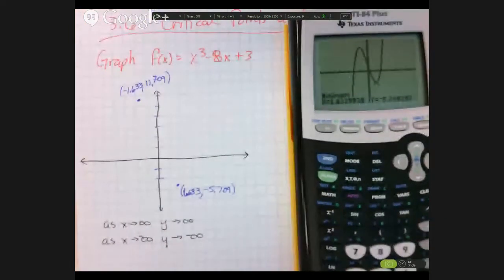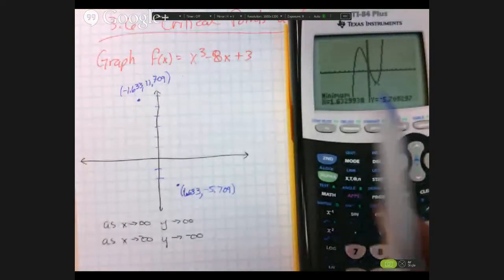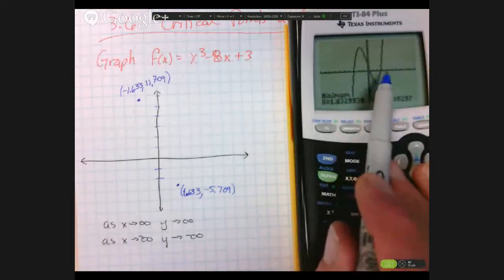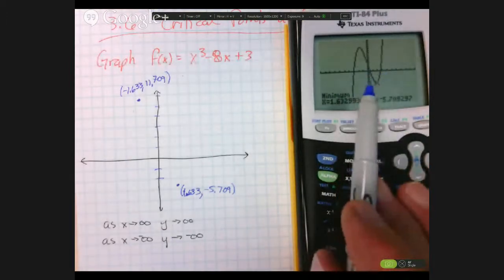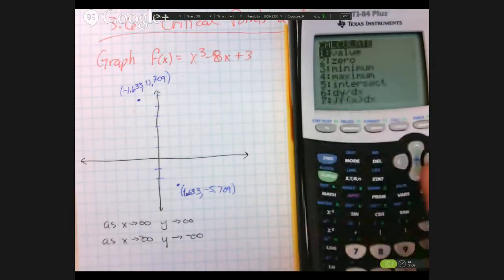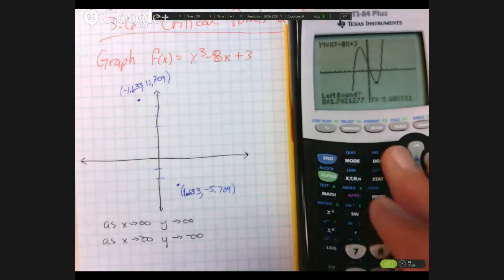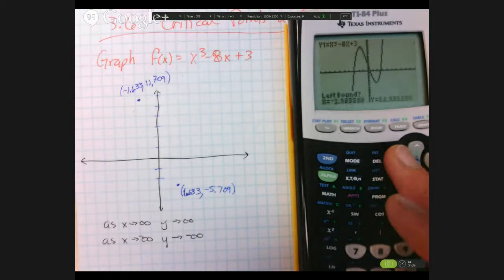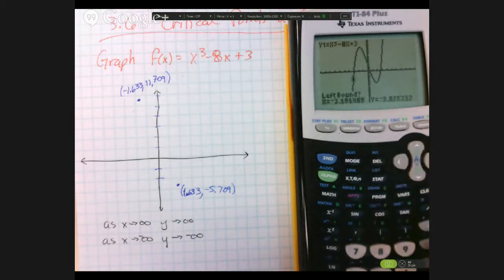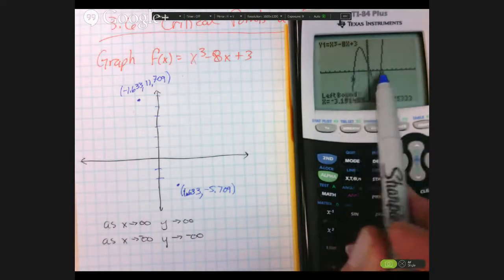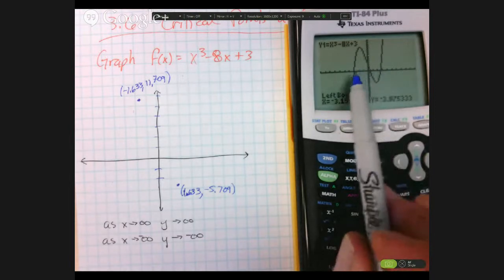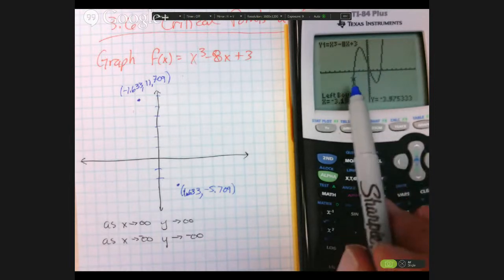All right, so how do I calculate the x-intercepts? You do the same thing, just go to zero, which is normally option 2. Now you're calculating zeros. So do your left bound, right bound, etc. The zeros are the x-intercepts. So go to the left of where it intersects the x-axis.